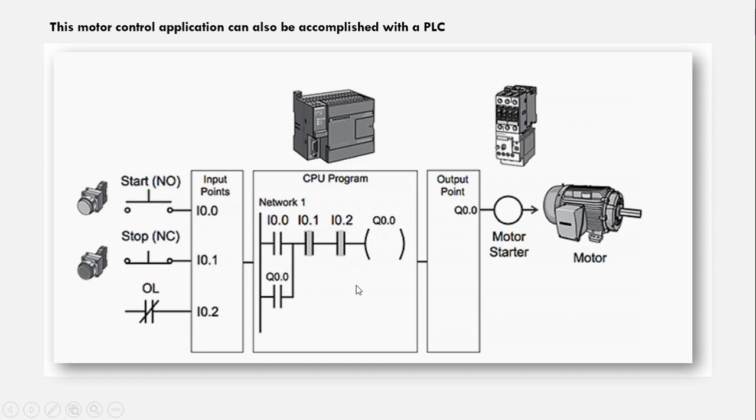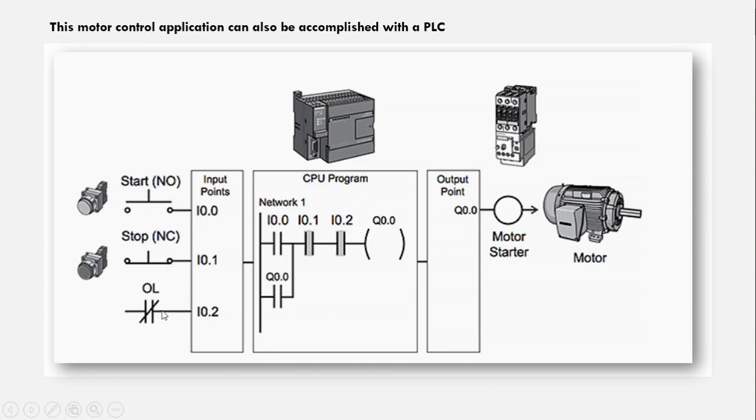To stop the motor, either we press the stop button, or second, the motor will stop if an overload condition takes place. When we press the stop button, immediately this rung gets de-energized and this output becomes 0. When this becomes 0, this latch is also cleared, meaning there is no supply, and this output becomes 0. The contactor coil will open and the motor will stop.